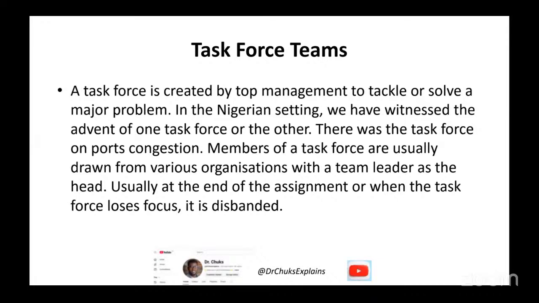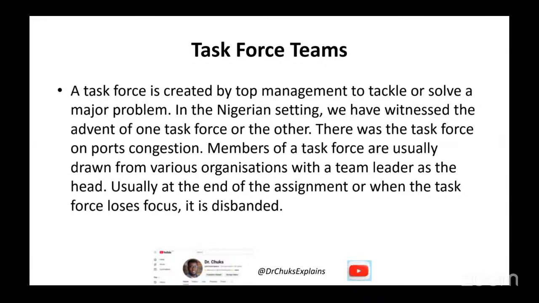Most of us experience that maybe in government spaces when government wants to solve one particular problem. You say there's a menace of street hawking, there's a menace of street begging. They constitute a task force team to tackle that major problem. There was a task force on port decongestion sometime, I think in Lagos, and they had a specific function to decongest the ports.